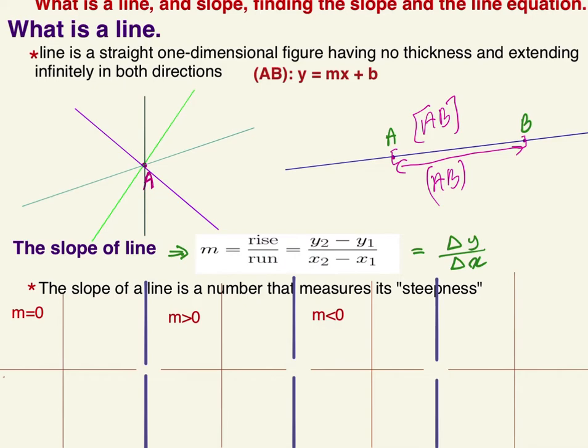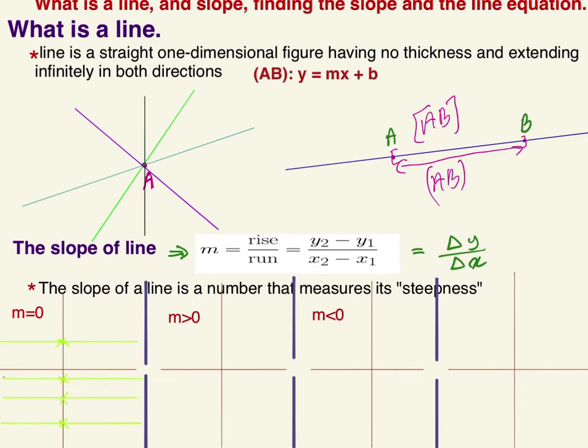When the slope is equal to 0, we have a straight horizontal line, something like this. These lines have the same slope, but different intersections with the y-axis. This intersects here, this here, but still they have slope equal to 0.